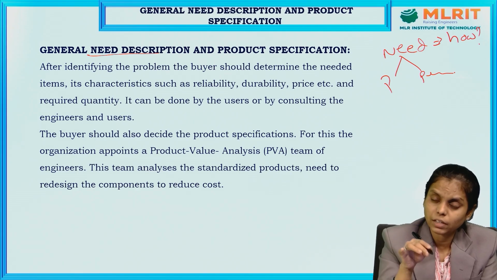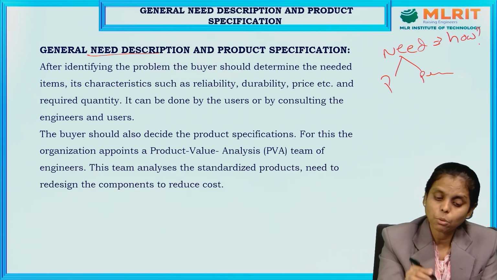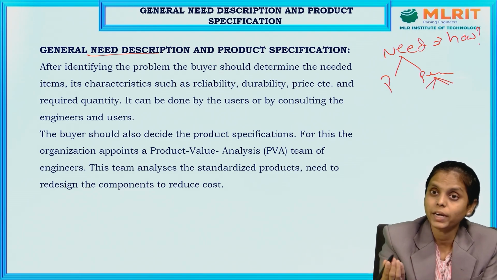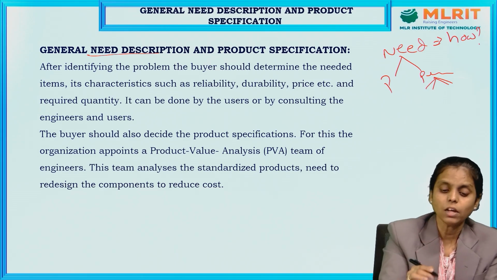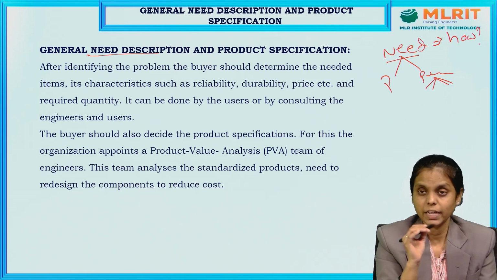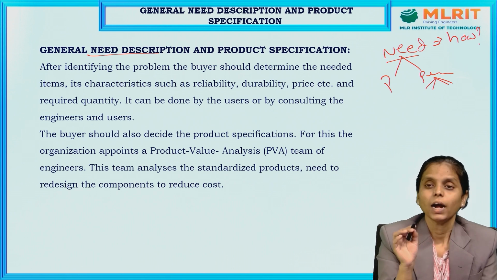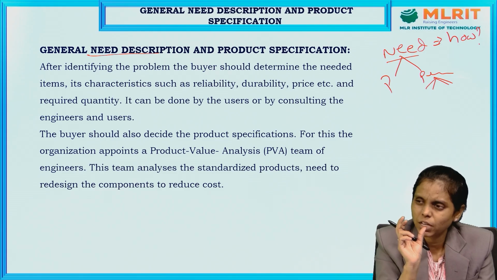To take a decision, either I need to buy a pencil or a pen. Either I need to buy a red pen, blue pen, green pen, or black pen. How can we decide such an element? For that, we need to describe our need. I am an engineering student. I am going for an exam and my pen is not working now. In that case, the need has been clearly specified.